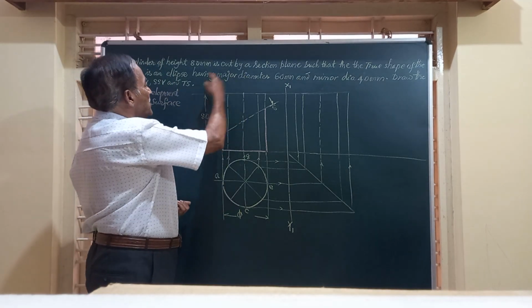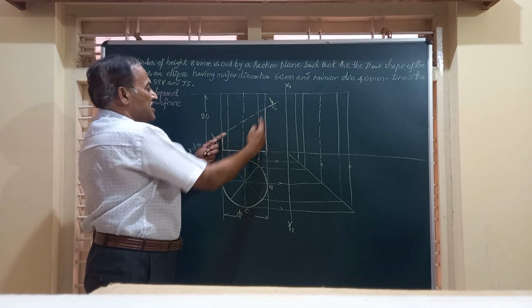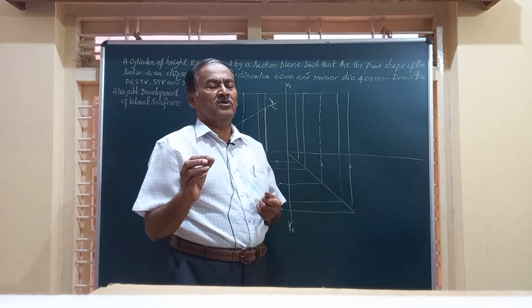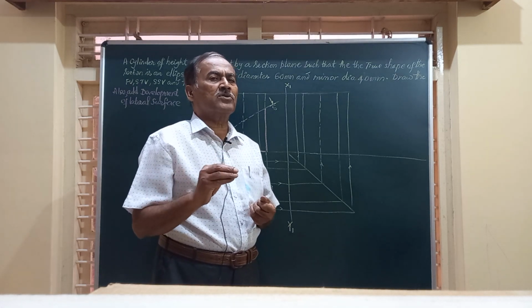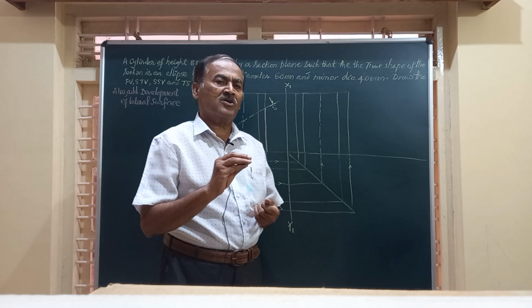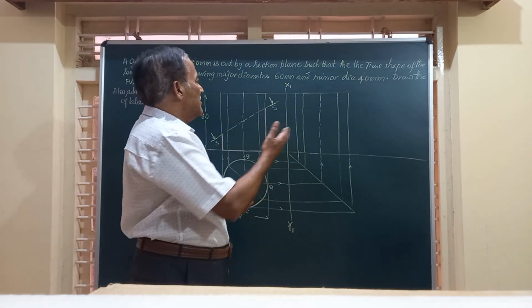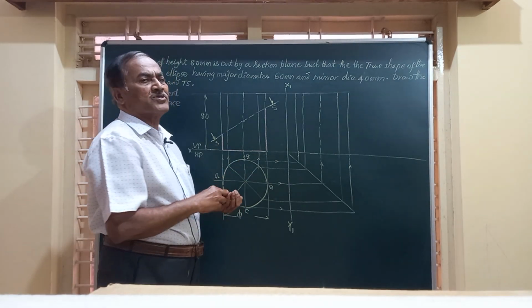So in the true shape, the major diameter is going to be 60 and the minor diameter is going to be 40 millimeter. Only if we know this concept will we be able to work out this problem and not otherwise. Because without knowing the diameter, we can never construct a cylinder. The height is given, but the diameter should be known.